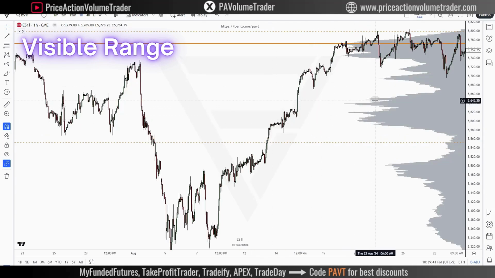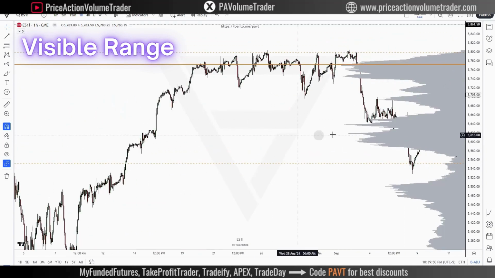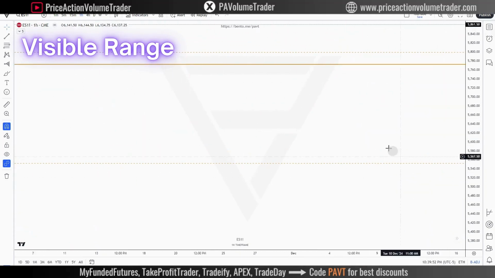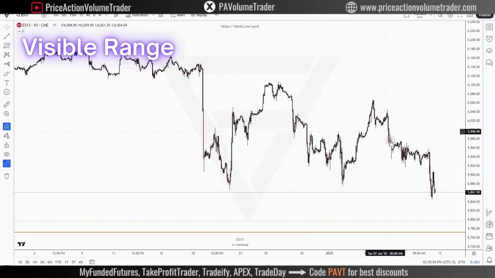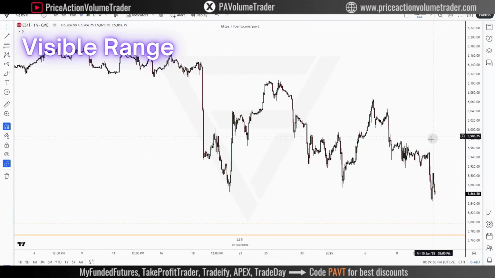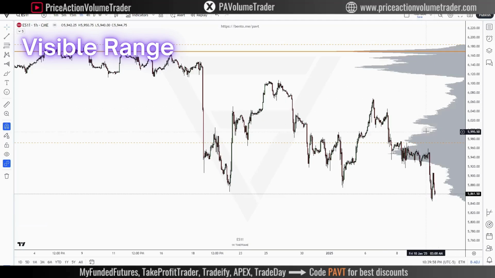I don't use this as much because I generally like to just have a fixed range that I am analyzing, but some people like this just because they can keep moving the chart and the profile is just going to keep adapting to whatever is on the screen.